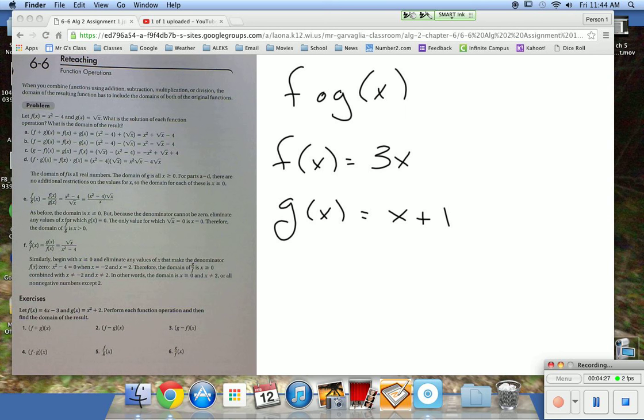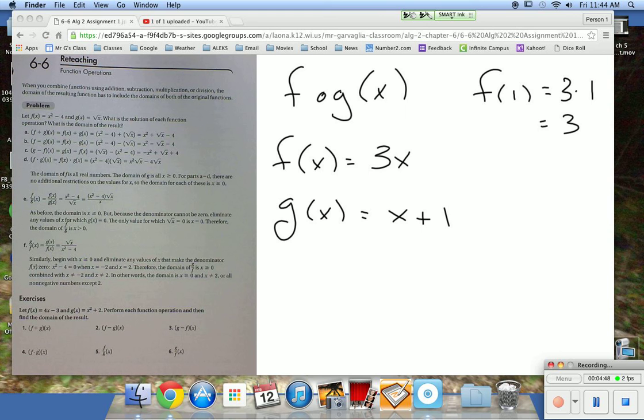If we want to put a 1 into f of x, f of 1 would be 3 times 1, which equals 3.